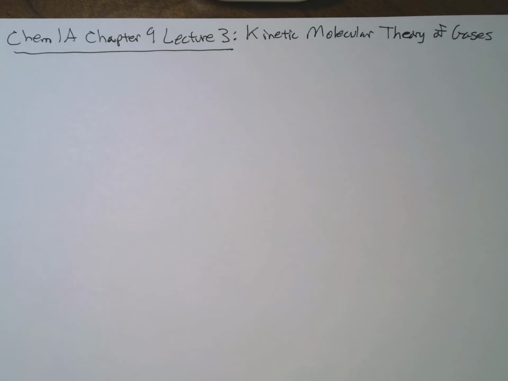In this video we're going to take a look at the kinetic molecular theory of gases. The kinetic molecular theory of gases is the theory that we use to explain why gases behave the way they do. Remember, the physical laws, such as the gas laws and the ideal gas law, describe behavior but don't explain it. We need a theory for that.